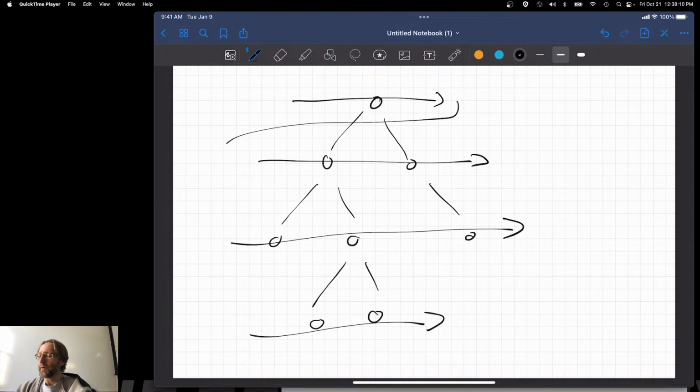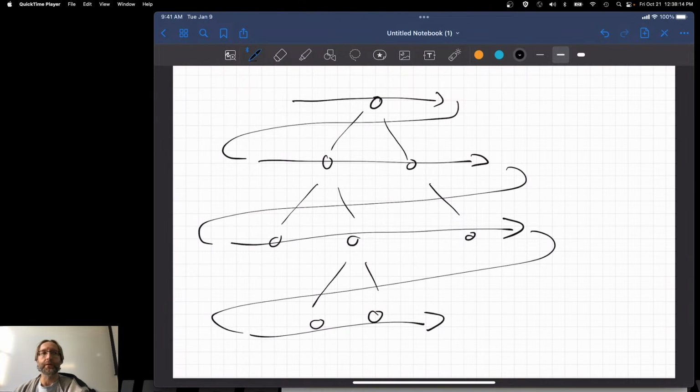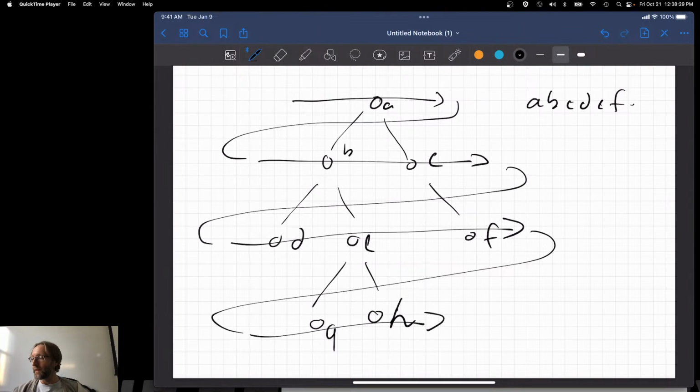Each time you are done with a row, you go to the next row, and the next row. Now take this big squiggly line and stretch it out, and there's your queue: A, B, C, D, E, F, G, H.